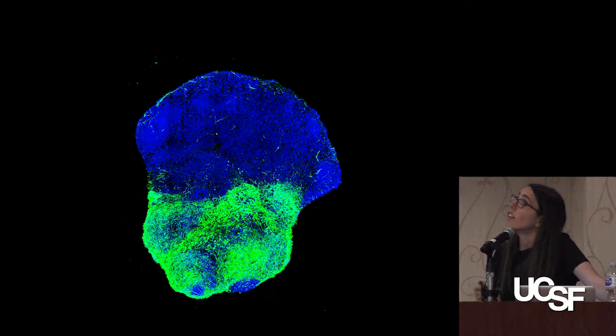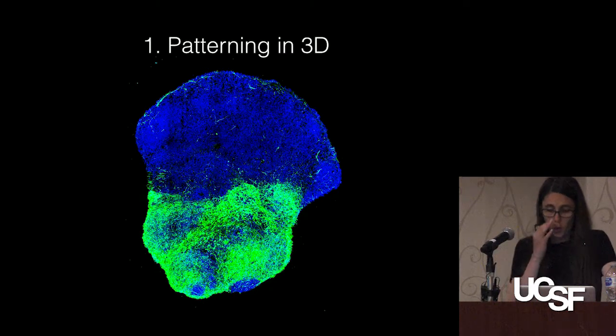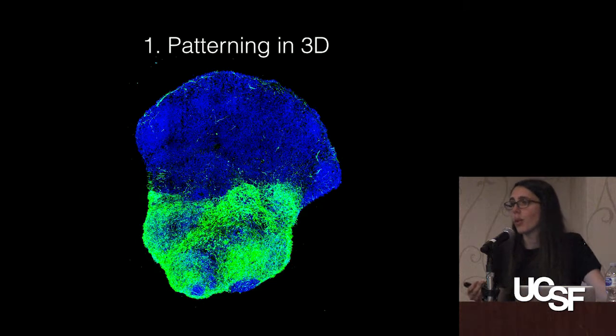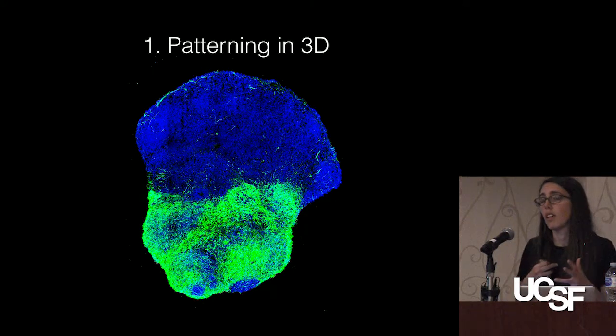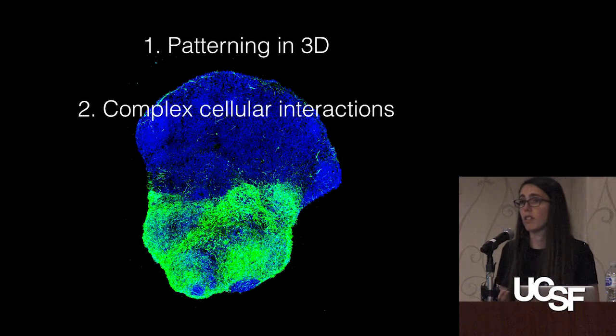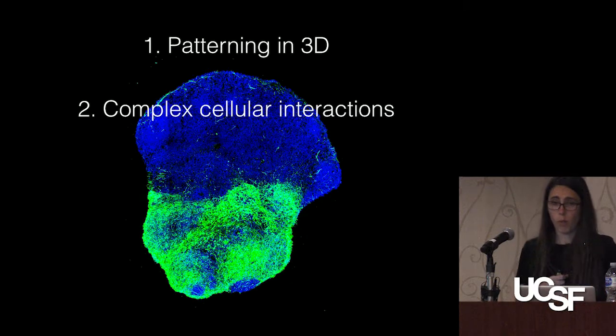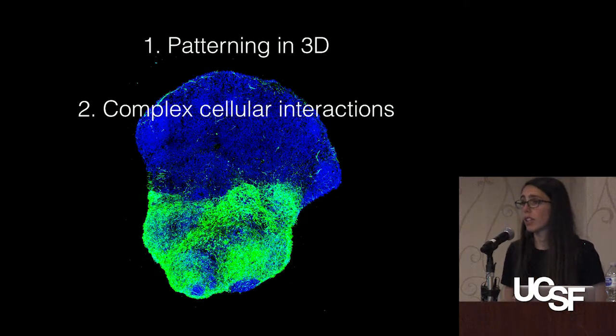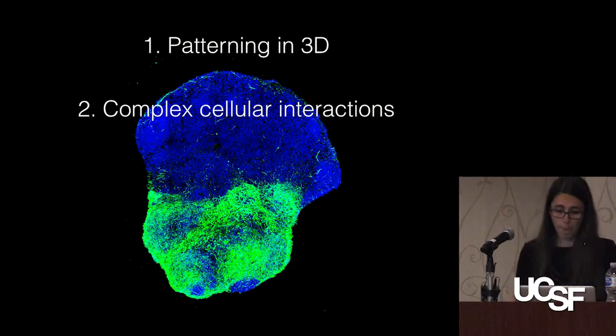So really, I want to say 3 main things that you should take home about this talk. One is that using human-induced pluripotent stem cells, we can pattern 3D spheres into specific fates, and we can use these region-specific spheroids to model complex cellular interactions that take place during development.